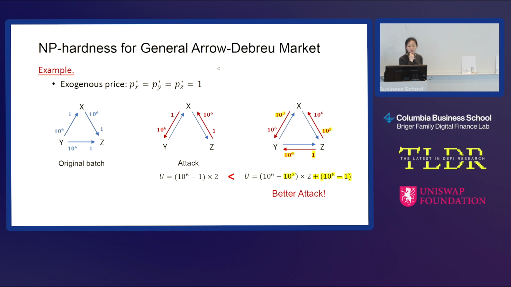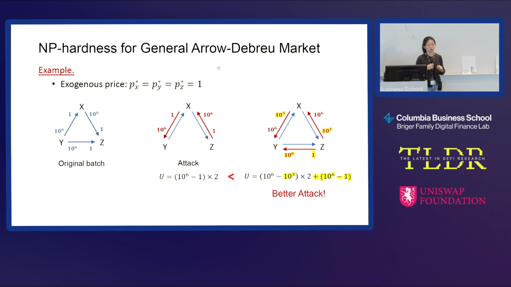Okay, for the general market structure, the most important insight, I think, is that in the general market, instead of locally maximizing your utility, instead of locally trying to find the optimal price, what really matters is to select as many user transactions as possible.